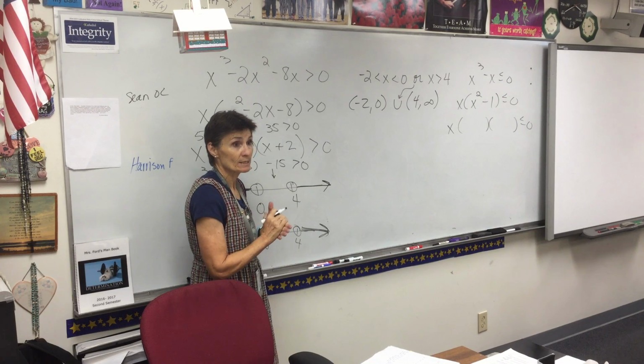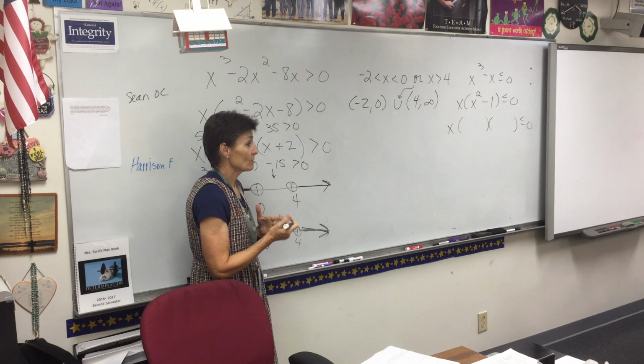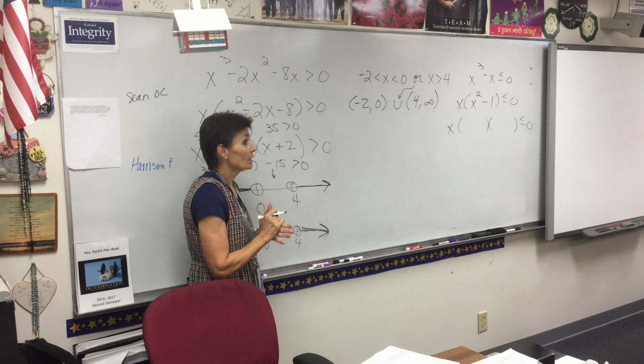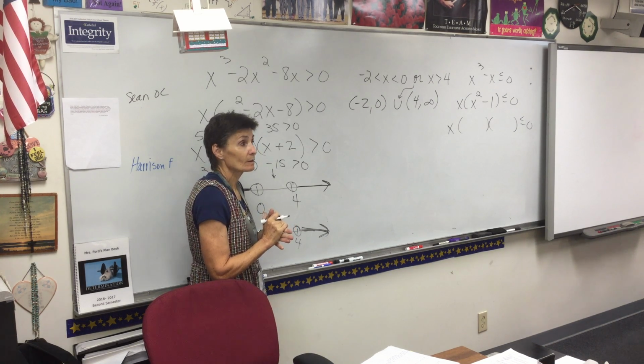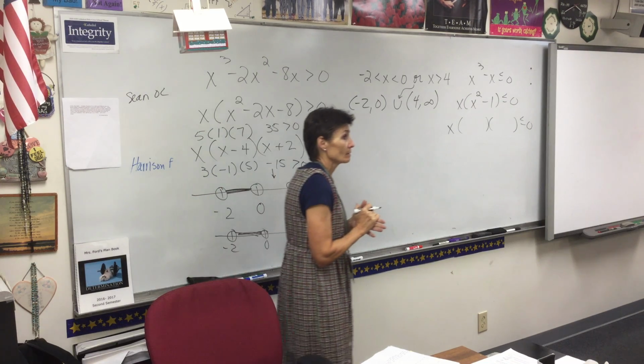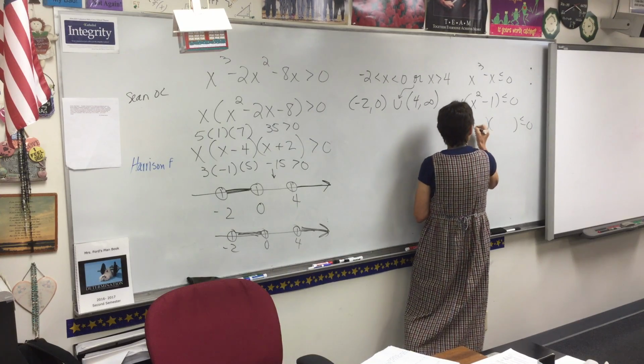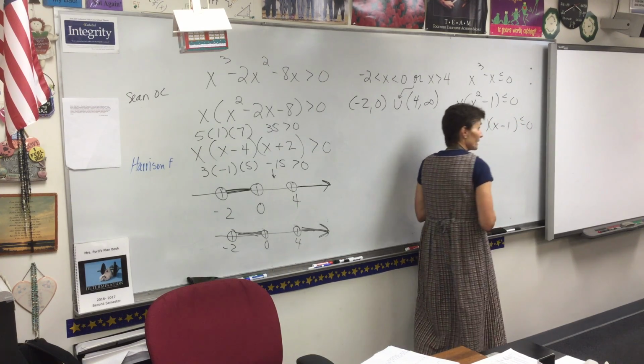It's called the difference of squares. Do you remember how to factor the difference of squares? Lauren? It's exactly right. It's x plus 1, x minus 1 in either order. Doesn't make any difference.